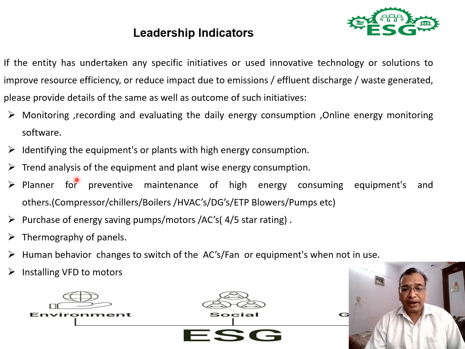Then you have to do trend analysis of the equipment and plant wise energy consumption. From the above online data, we can further do the trending of the energy consumption with respect to the equipments which are consuming more electricity, and also you can do the plant wise energy consumption, and you can give individual targets to that area for further energy reduction.